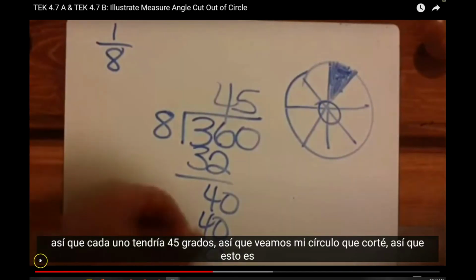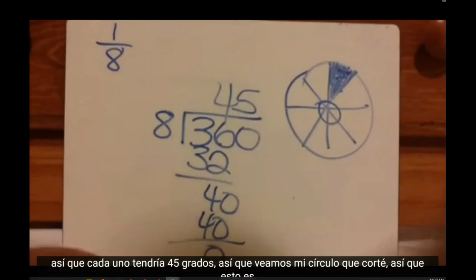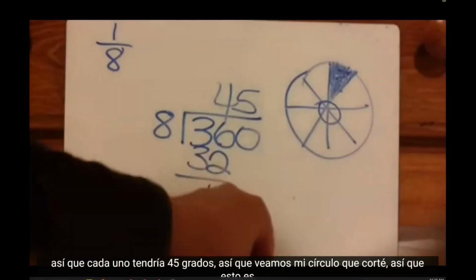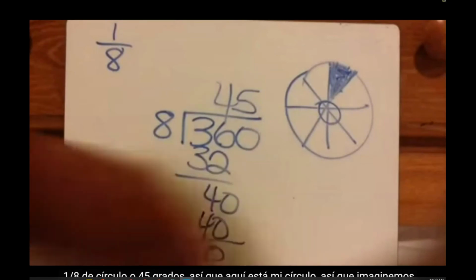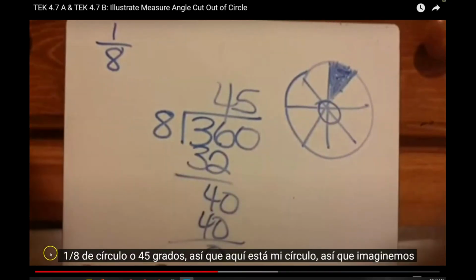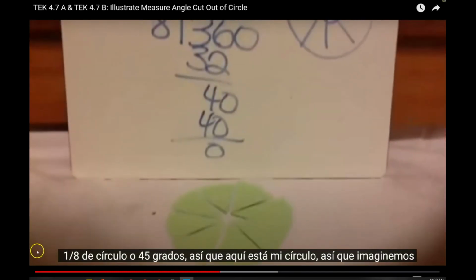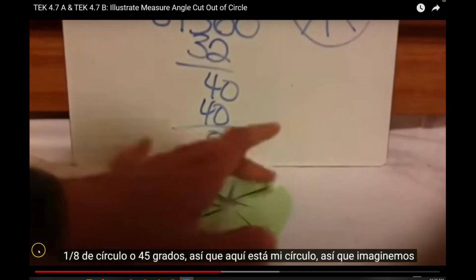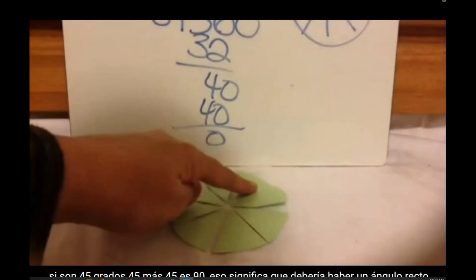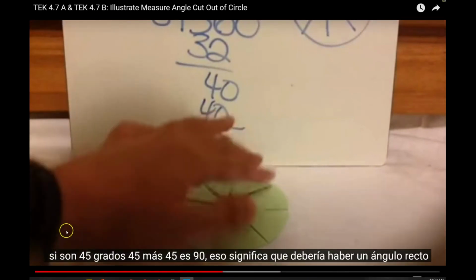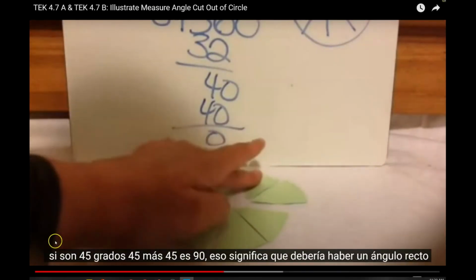So let's look at my circle that I cut. This is 1/8 of a circle, or 45 degrees. So here is my circle. Let's imagine that's 45 degrees; 45 plus 45 is 90.